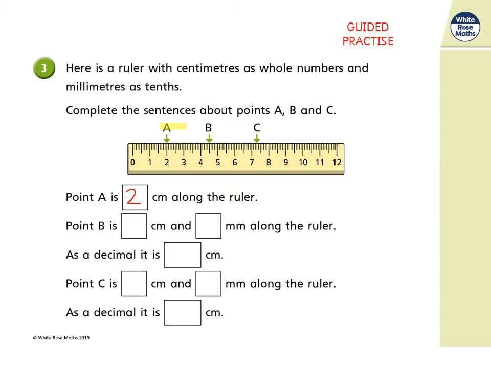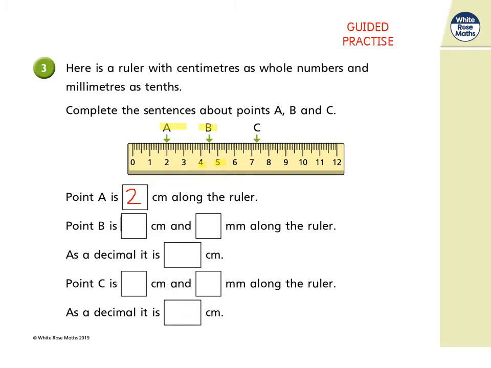Then I'm going to look at point B. That is sitting in between 4 and 5, and I can use the divisors and the lines in between to help me count. But I know what's halfway between 4 and 5. It is 4.5.